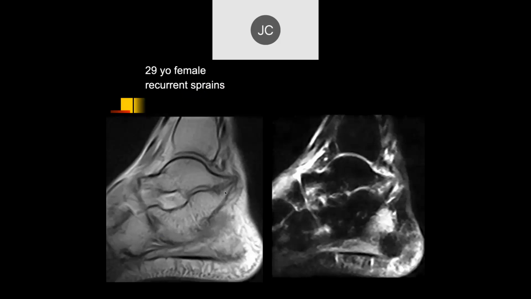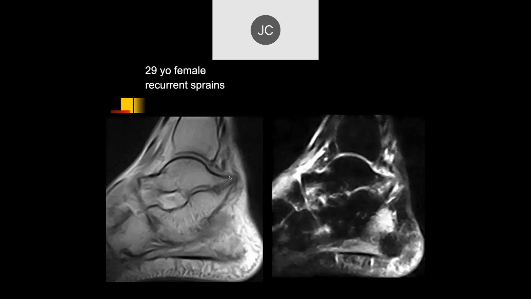So, Robert, what do you think of this case? Here, looking posteriorly, it looks like there's a coalition of the talus and calcaneus. Yeah. And again, this is a fibrous coalition. We can see irregular, low signal intensity, where you should have a nice, smooth bone underneath the cartilage.